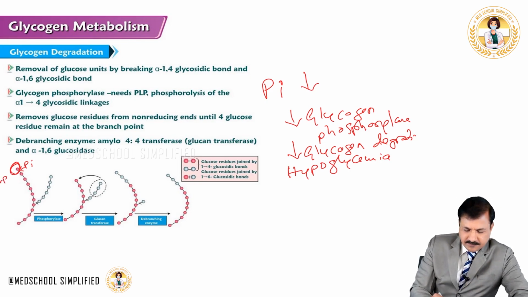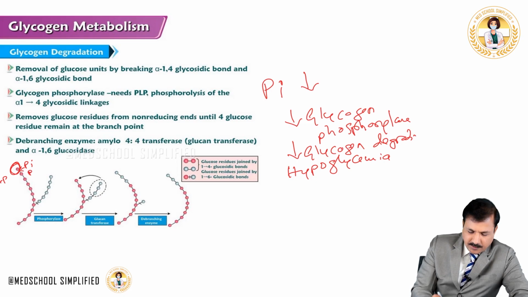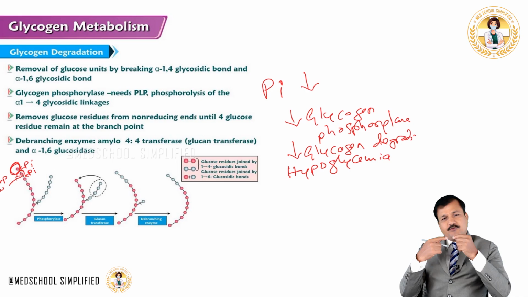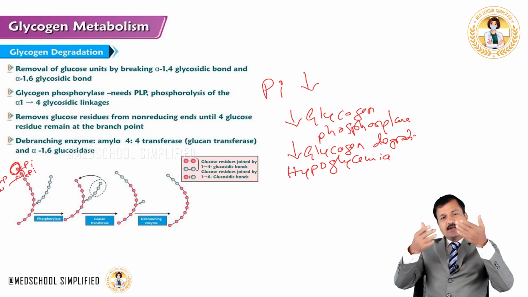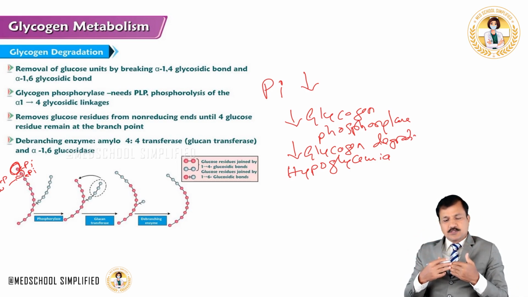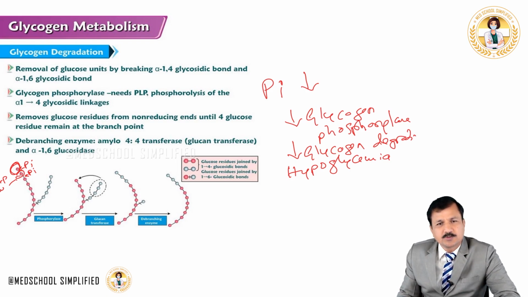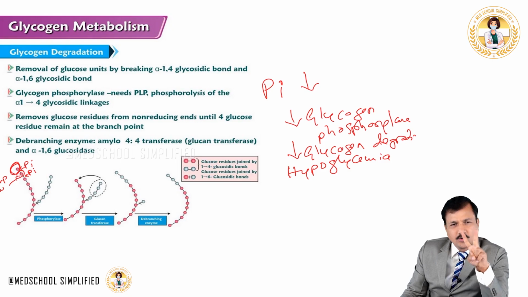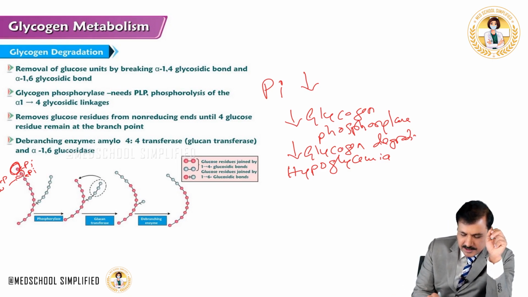Now it goes to the next alpha-1,4 glycosidic bond, incorporates inorganic phosphate, and releases the second glucose as glucose-1-phosphate. Like this, it keeps incorporating inorganic phosphate, using it as a nucleophile, and releasing glucose as glucose-1-phosphate. How long will glycogen phosphorylase do this? As long as there are 4 glucose residues left at the branch point.